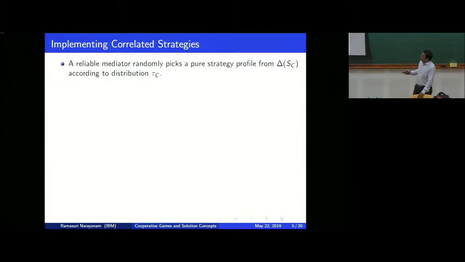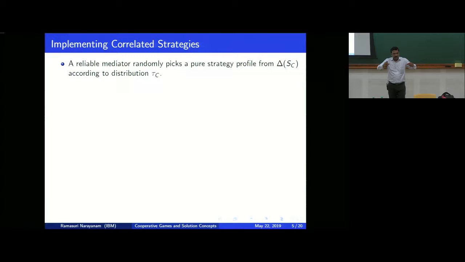So now you think of some mediator, who can consider any profile from the correlated strategy belonging to a correlation C. So, consider a particular correlated strategy associated with a correlation C. It's called tau C, belonging to all possible probability distributions over SC. Right? Now, it being a probability distribution, following that, the mediator can randomly pick one particular pure strategy profile.